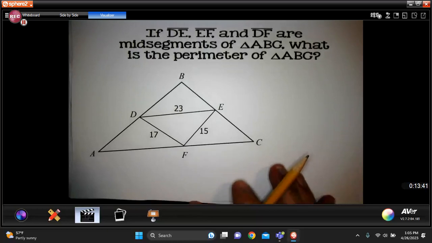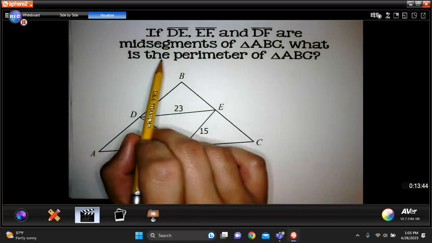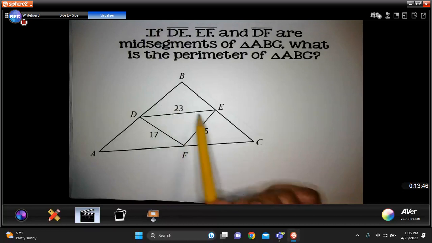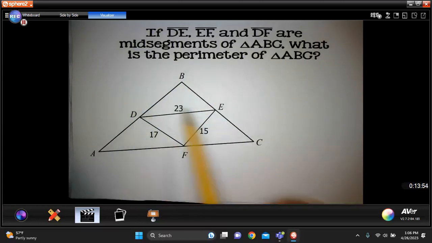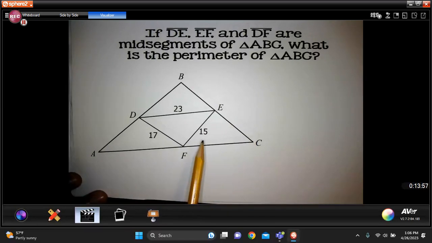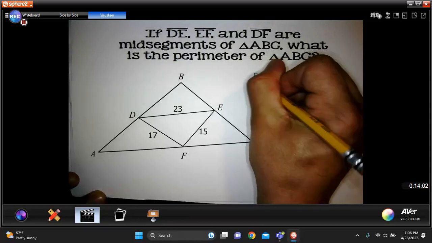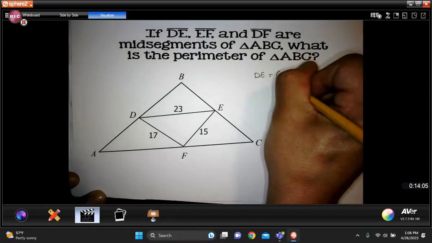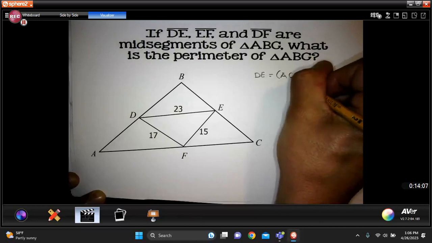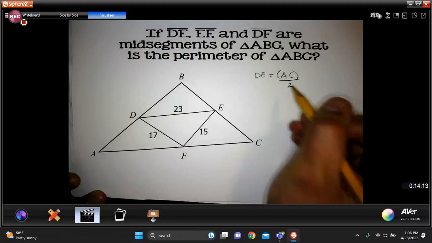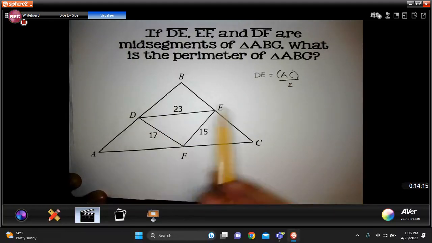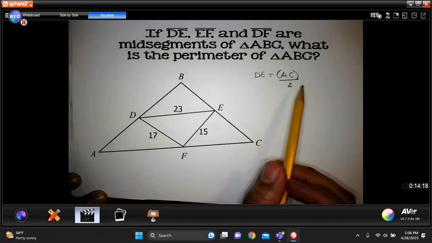Now, when you have something like this and they're using the mid segments, you know that they're cutting things in half right here. They're cutting things in half, guys. So in order for you to start this problem, I know that DE is going to be half the big side, the big side divided by 2.